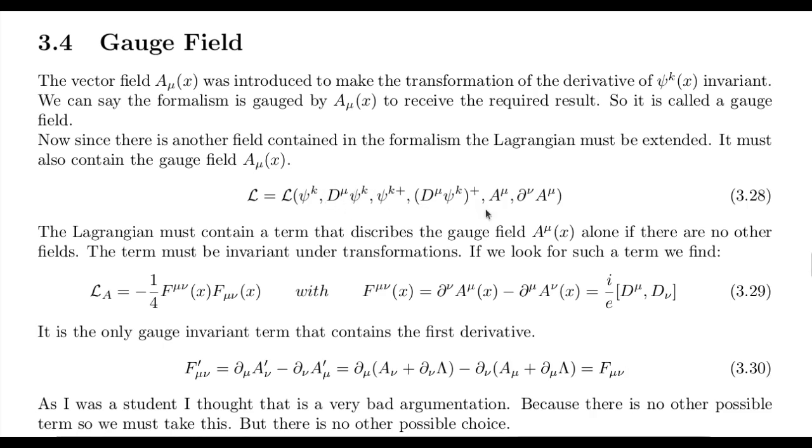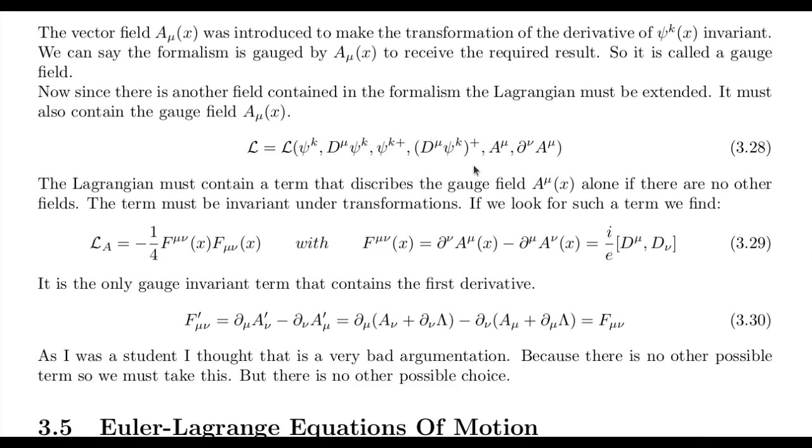And we have now as new variables the gauge field and of course the first derivative of the gauge field. So it must also be possible to write down a term for the gauge field, for the electromagnetic field alone.